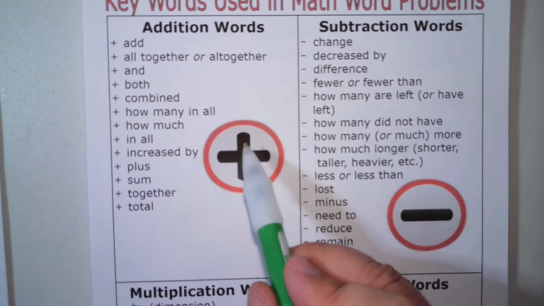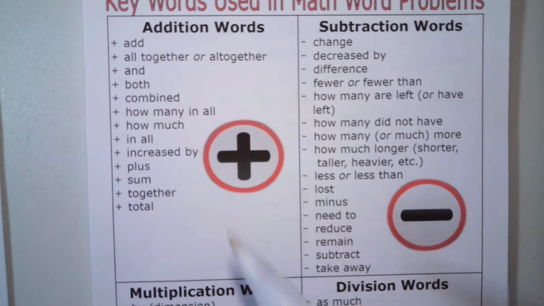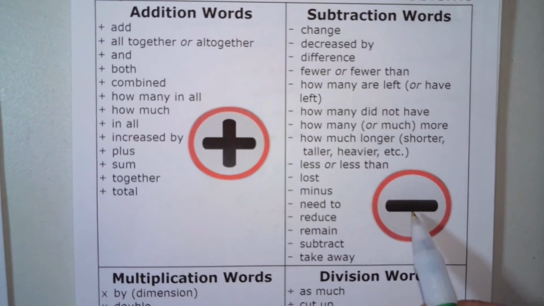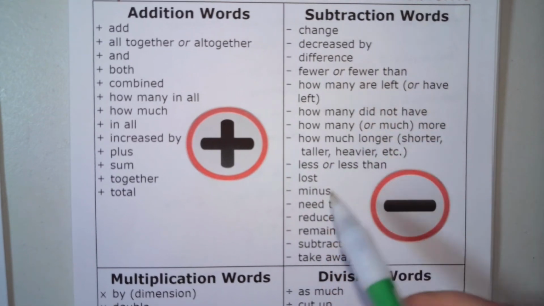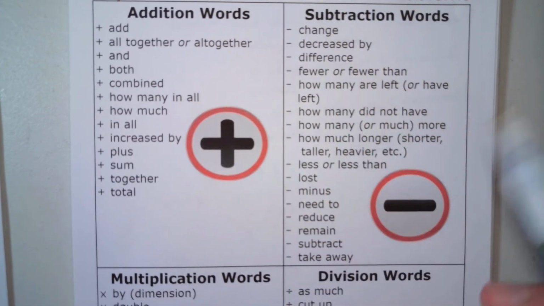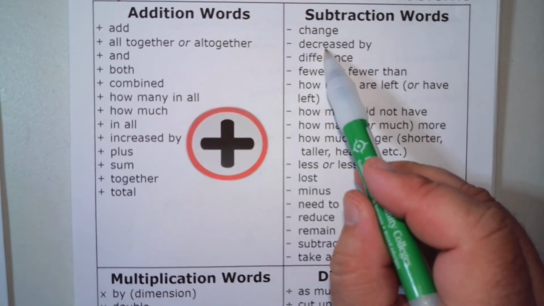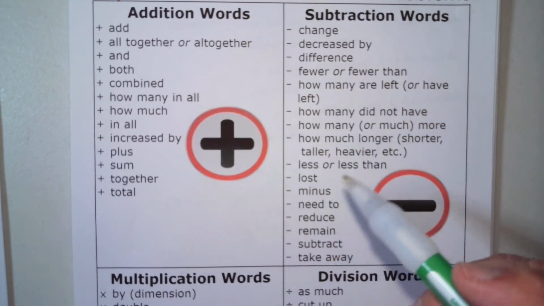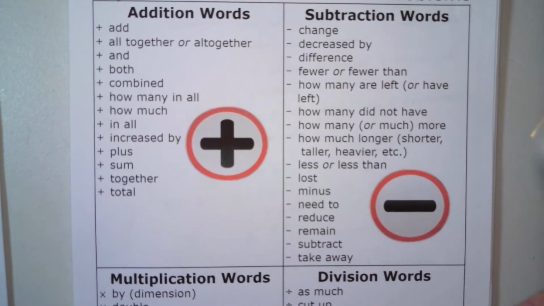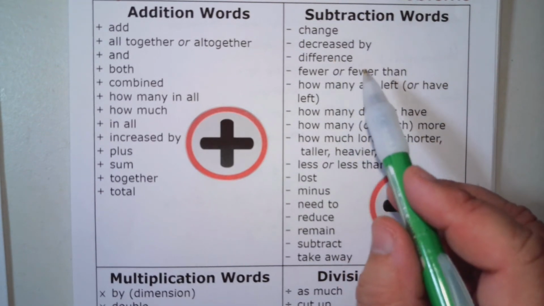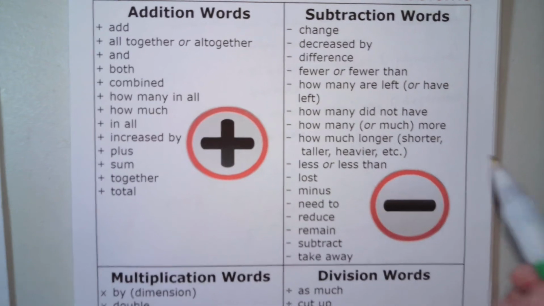Whenever you see those words, it means addition. Add those numbers together. Whenever you see this symbol, or any of these words, the change between 3 and 5 is subtraction. So you take 5 minus 3. 6 decreased by 2, 6 minus 2. The difference between 7 and 10, you take the bigger minus the smaller.